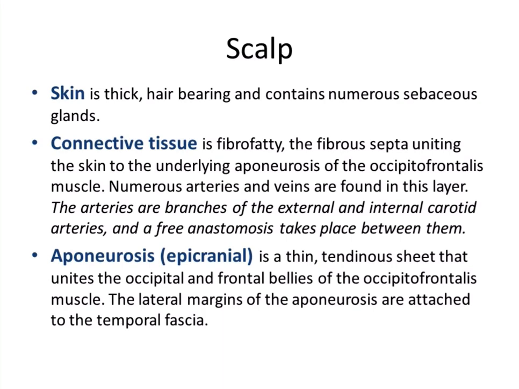The third layer, which is the fibrous layer, called the aponeurosis or epicranial aponeurosis, is a thin tendinous sheath that unites the occipital and the frontal bellies of the occipitofrontalis. So the main function of the third layer is attachment of the two bellies of the occipitofrontalis muscle.